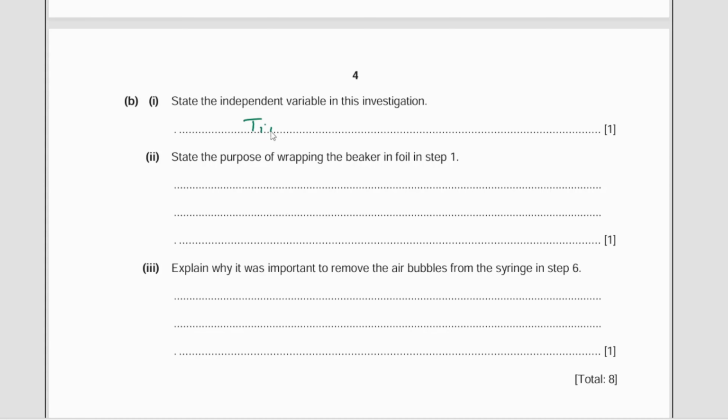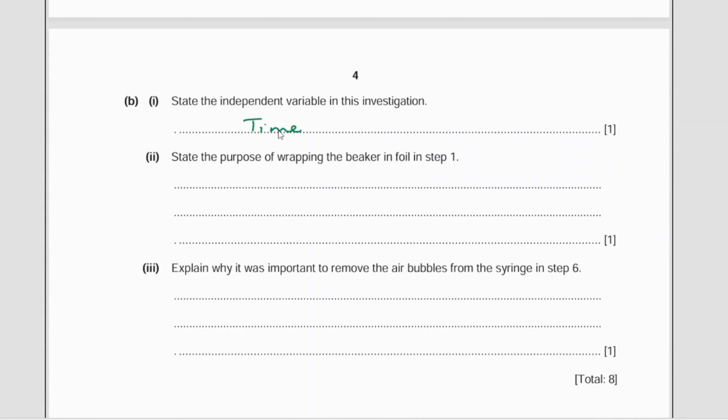Time is independent while the volume of DCPIP added is dependent. We are taking a reading after every 1 minute, meaning we are changing time: 1 minute, 2 minutes, 3 minutes, 4 minutes, and 5 minutes.